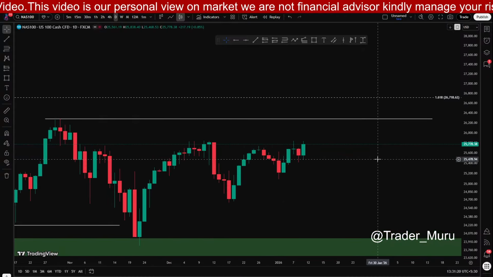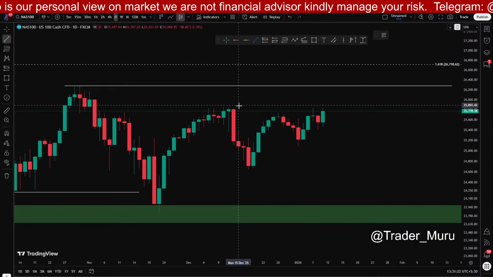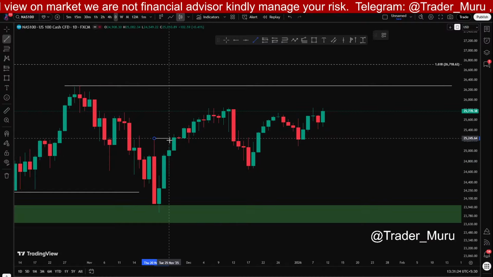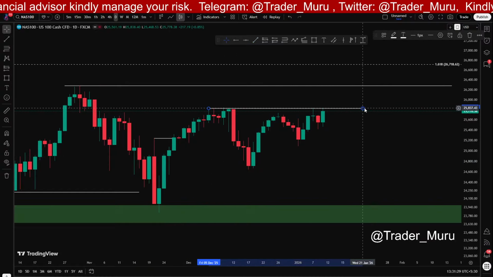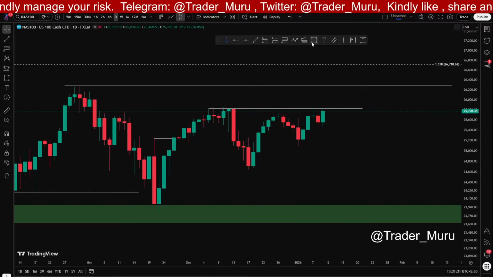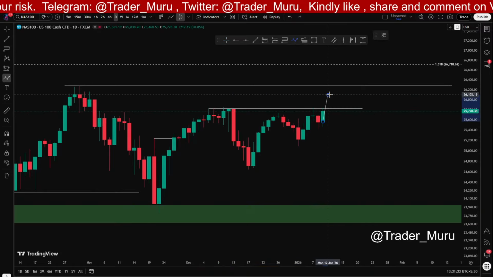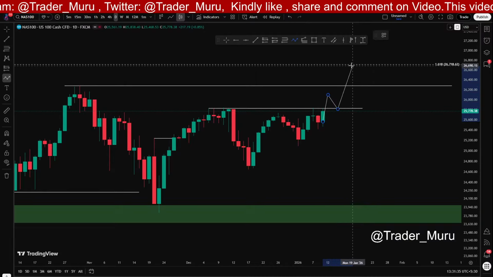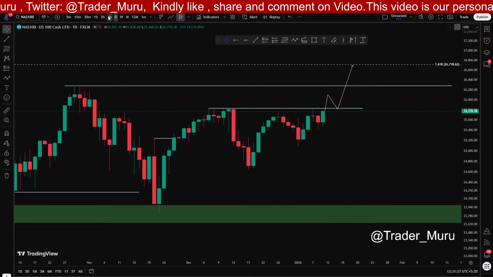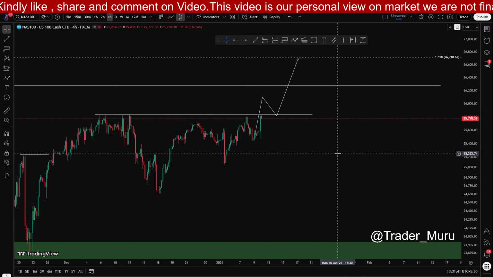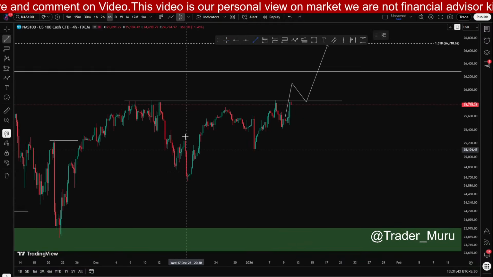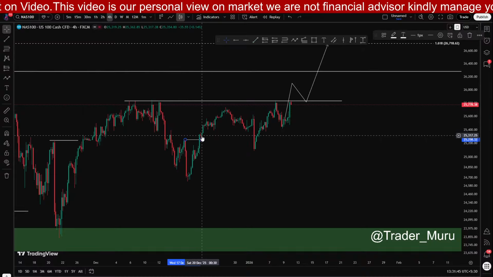In the daily time frame, this is your market structure shift. This will be your new breakout structure. After this flip, buy on retest, this will be your target. In the 4-hour time frame, this is your change of character, two candle closing above.